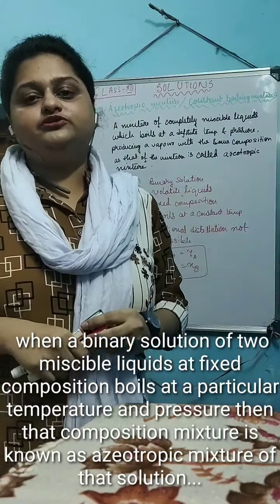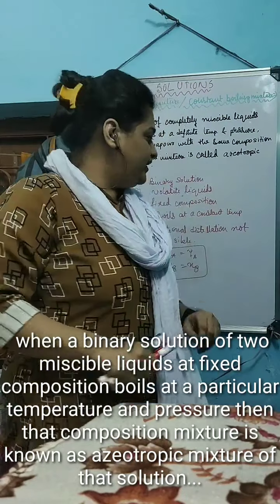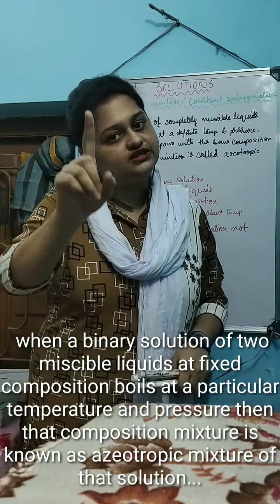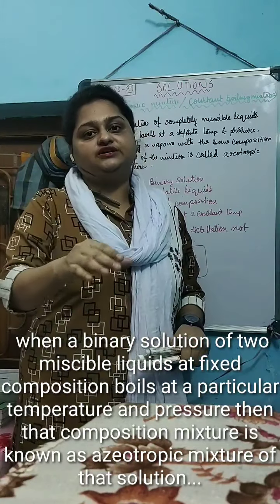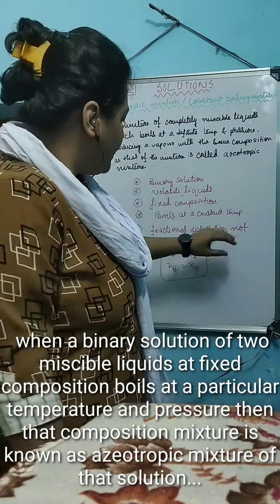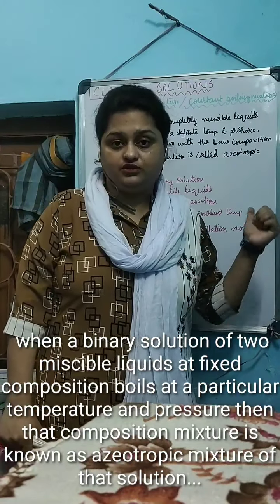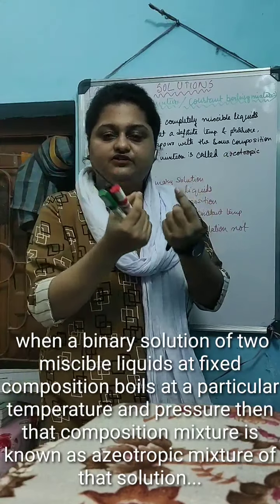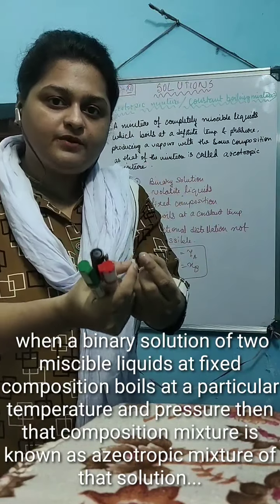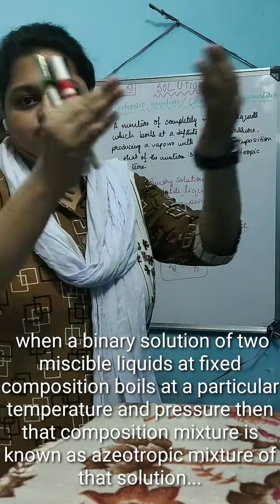Each component also boils at that particular temperature and pressure, meaning that this solution boils at a constant temperature and pressure. Fractional distillation hence cannot be possible for this kind of mixed solution, because both liquids boil at a particular temperature and pressure, producing a mixture of vapor where we cannot actually fractionally distill.